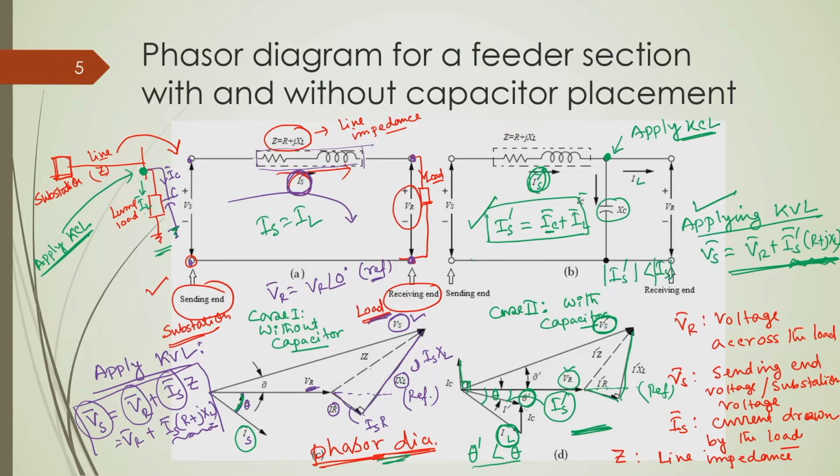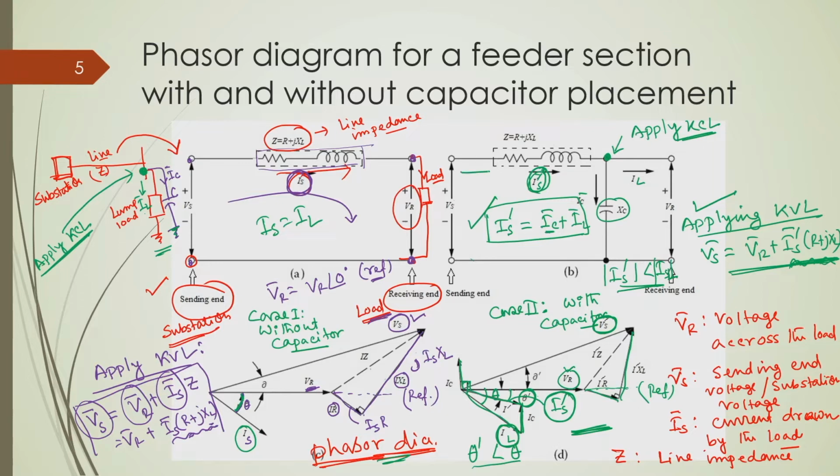So, why is it so? The triangle will give you the justification why this I s dash is lower than I L. Since I s dash is lower than I L, we can say that the effective current drawn by this load is of reduced magnitude.